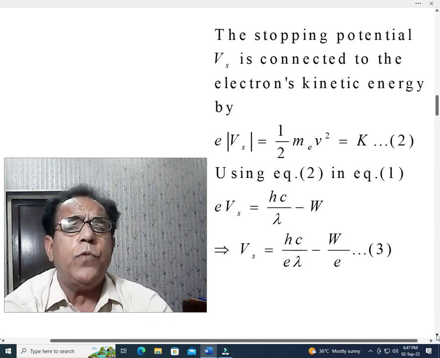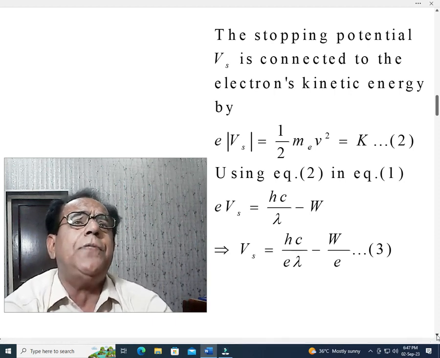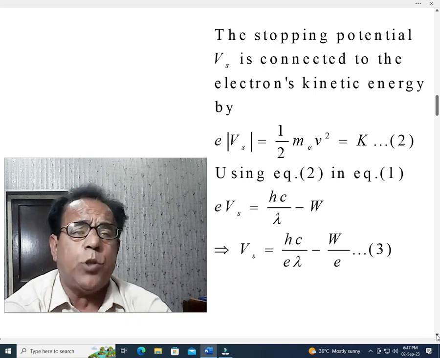Now we move towards the second expression which will be used in solving this problem.